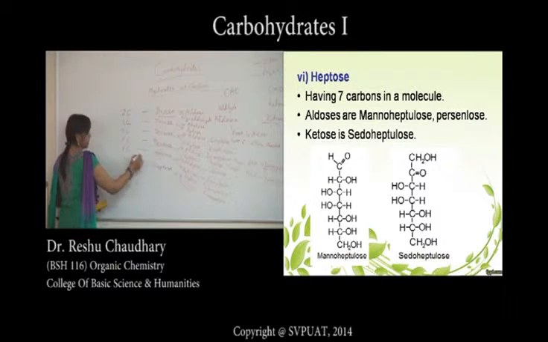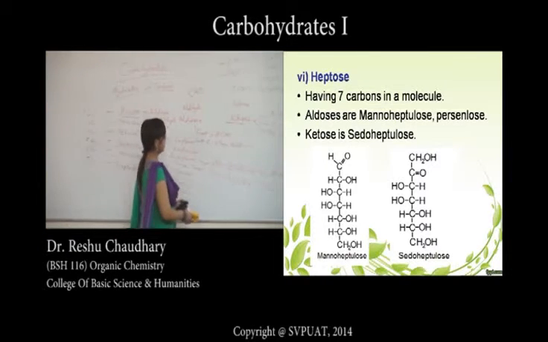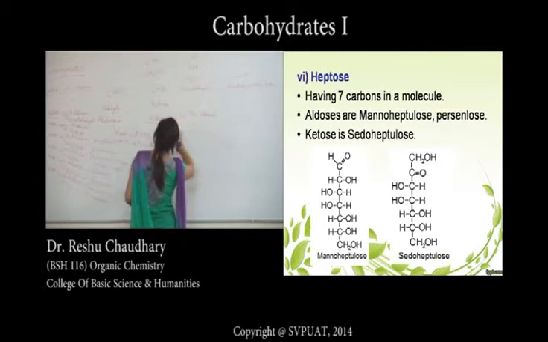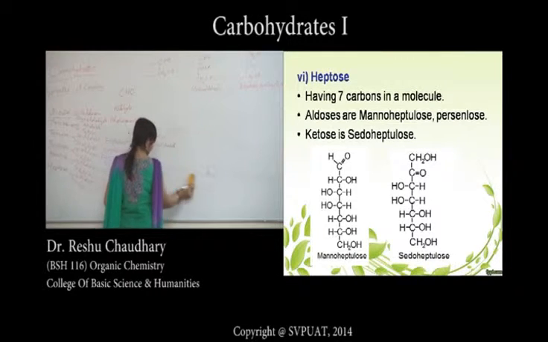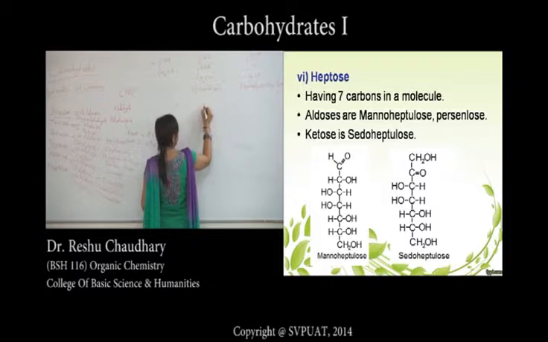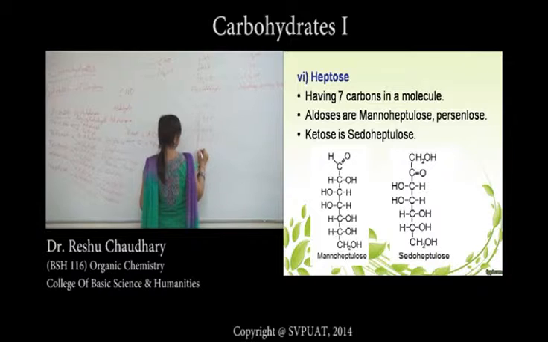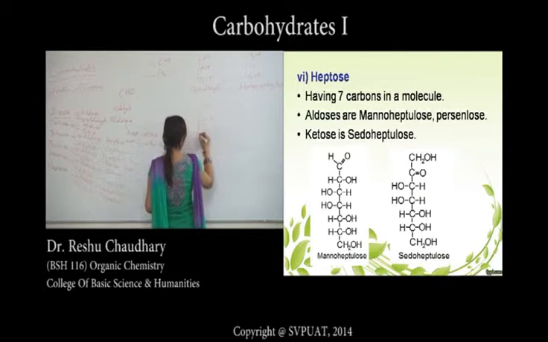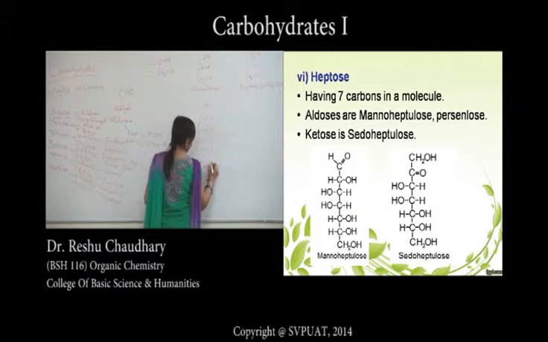As we know, hexoses are the common sugars which are generally found and participate in all reactions of biological systems. The structure will be CHO, CHOH, CHOH, and the last carbon will be CH2OH.